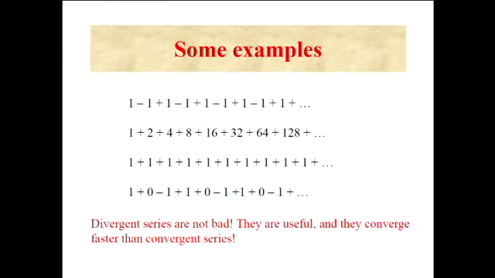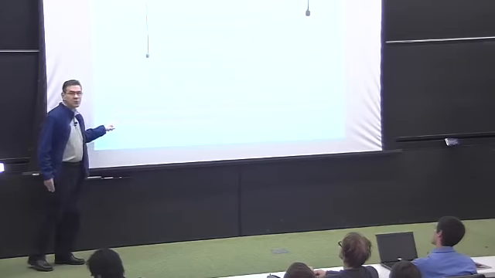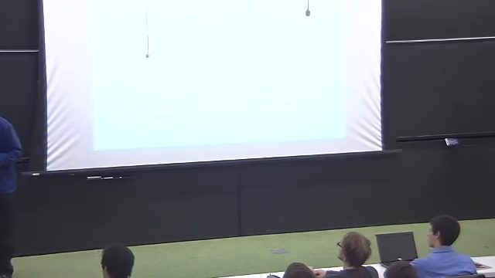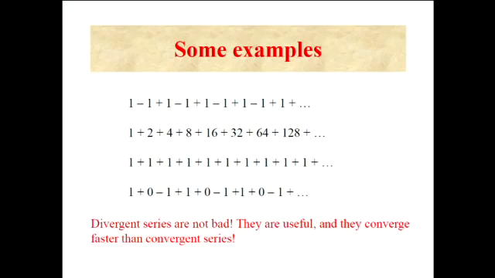They're very useful, and you will see that they converge much faster than convergent series, which sounds like a contradiction in terms. But what I mean by that is, you saw last time how it might be possible to extract information very efficiently from convergent series, and that it might be possible to extract reasonable information from divergent series.